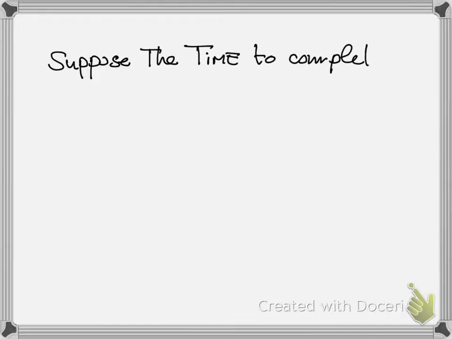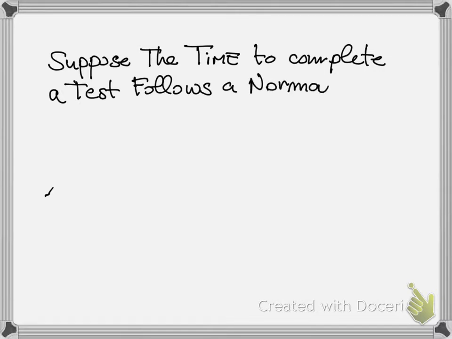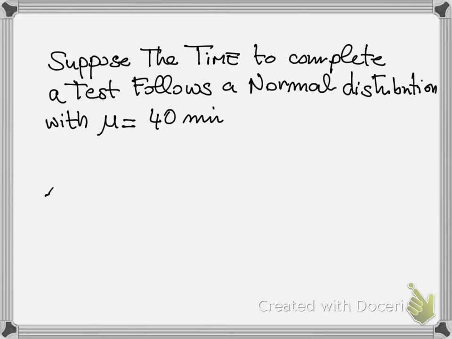Now let's see. Suppose the time to complete the test follows a normal distribution, with, let's say, average mu of 40 minutes and standard deviation sigma of 5 minutes.